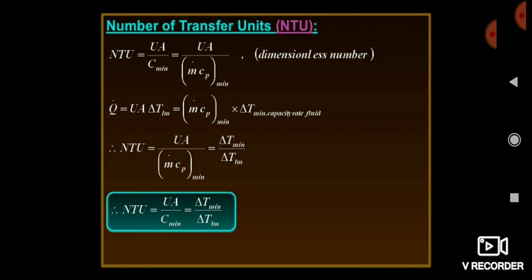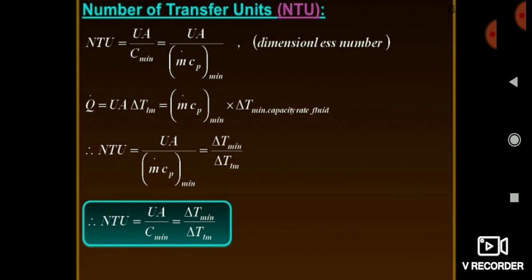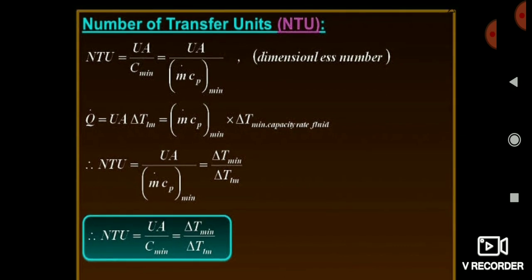So friends, for calculating the NTU, you should first calculate the NTU value. You see here that NTU is a dimensionless number, so it is calculated by UA divided by C minimum. Friends, here U is the overall heat transfer coefficient, A is the area and C is the C minimum.